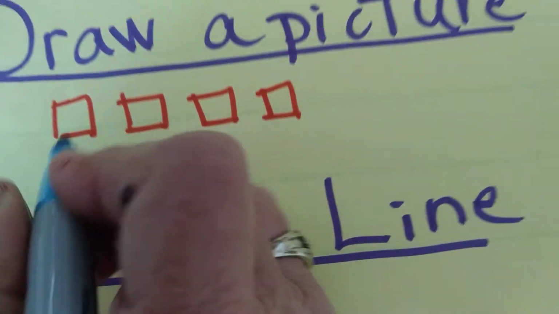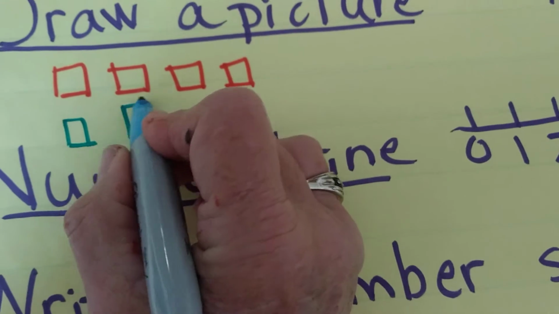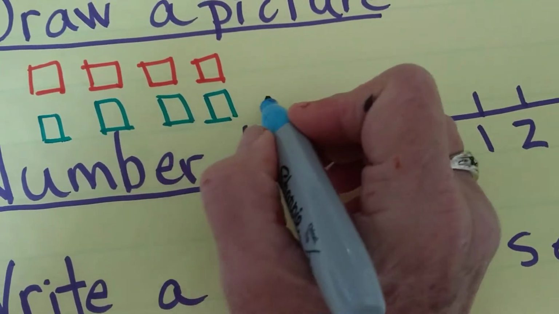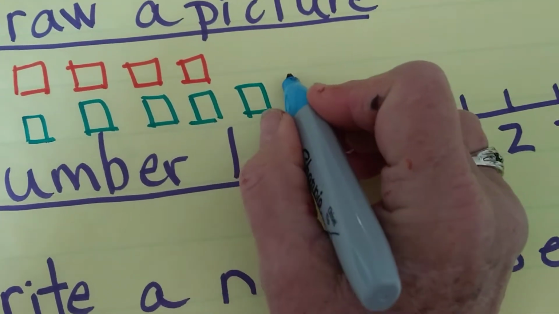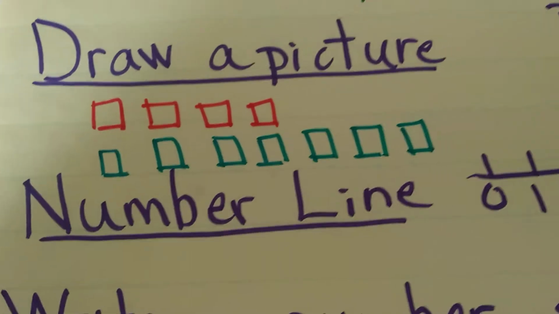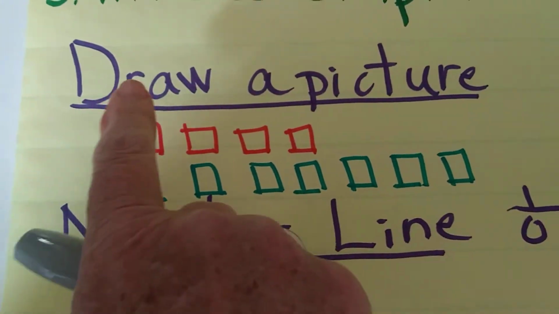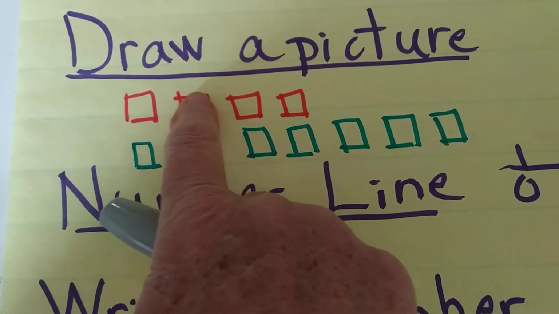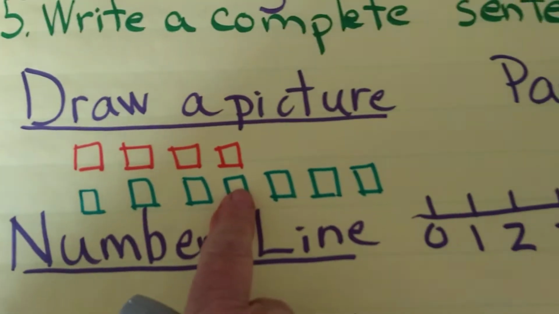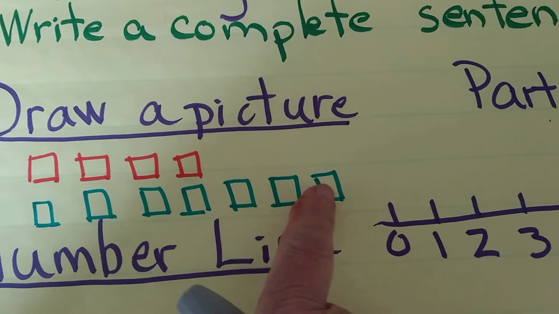So I have 4, 5, 6, 7, 8, 9, 10, 11. Let's count them to make sure we have 11 blocks. Well, we know we have down here 4, 5, 6, 7, 8, 9, 10, 11.